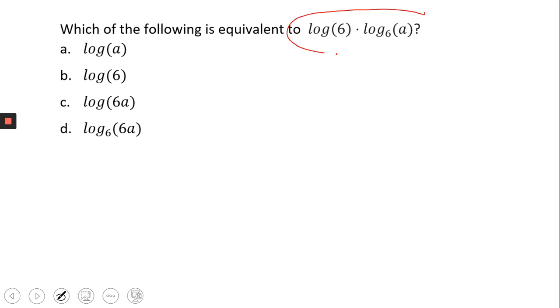So what if I gave you this multiplication problem off to the right and I asked you to simplify it? Well, log base 6 is a base of 10, right? And this has a base of 6. So could I rewrite this second one with the base of 10? Well, I can because, you know, you have this property of change of base.